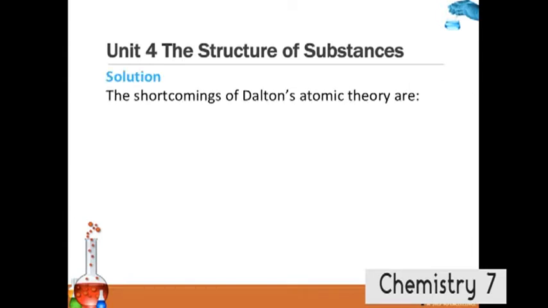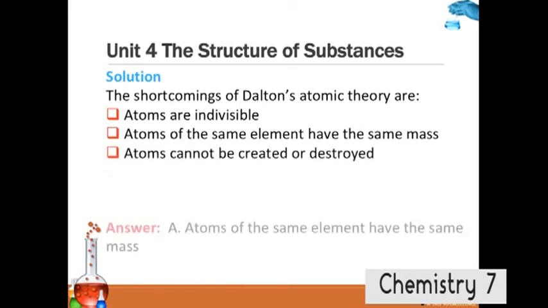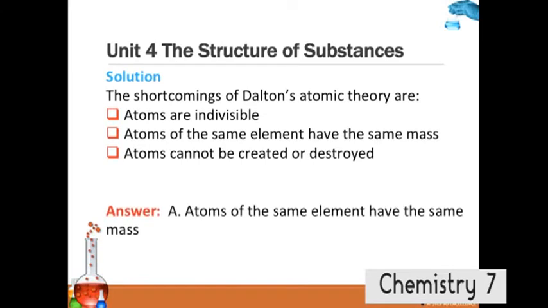The shortcomings of Dalton's atomic theory are: atoms are indivisible, atoms of the same element have the same mass, and atoms cannot be created or destroyed. The answer is A.